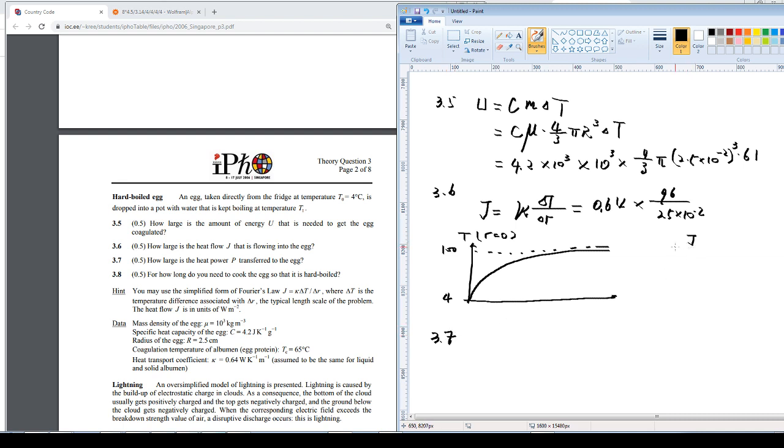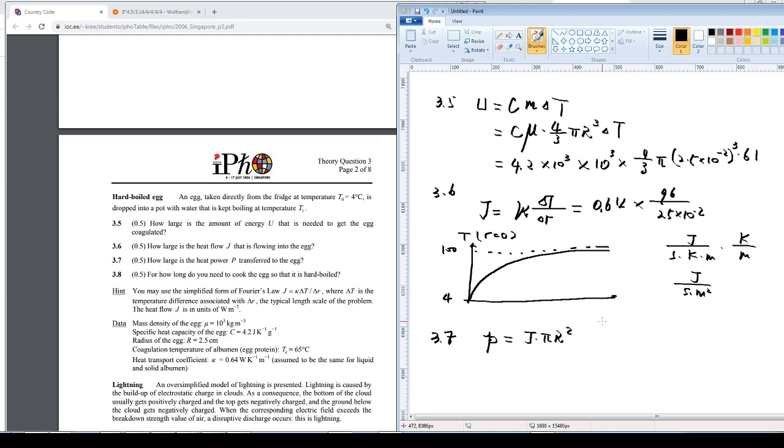It's joules per second per Kelvin per meter, and that's Kelvin per meter. So this J is joules per second per meter squared. We don't actually need to think too much. It really should just be J times area squared. Just by looking at the units, that should be the power.